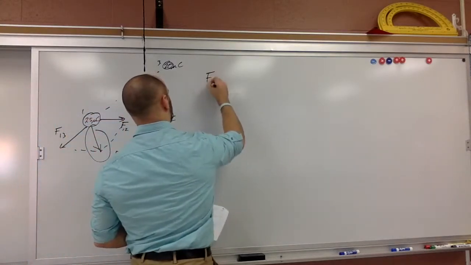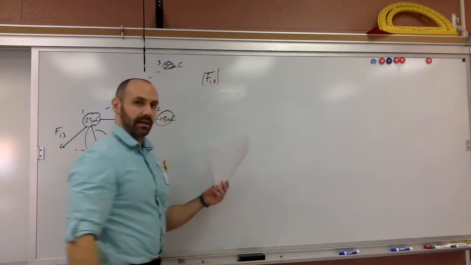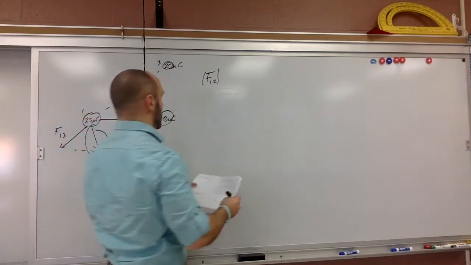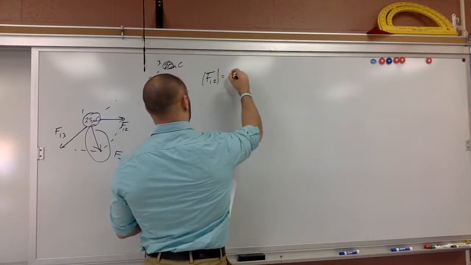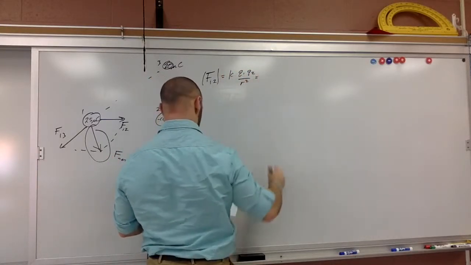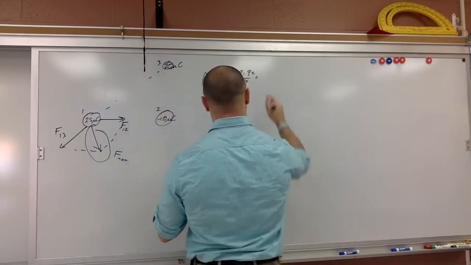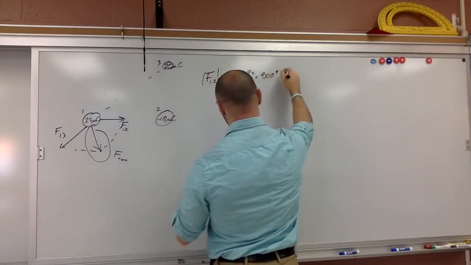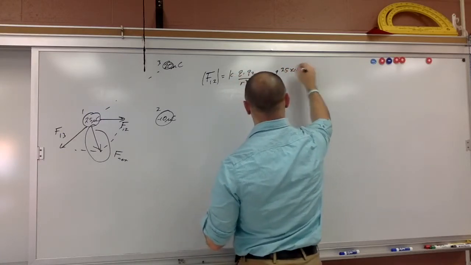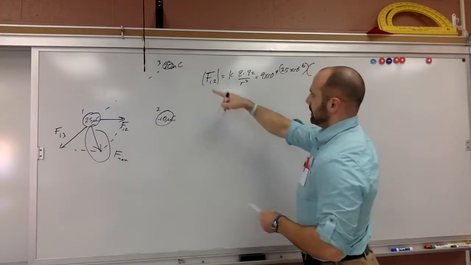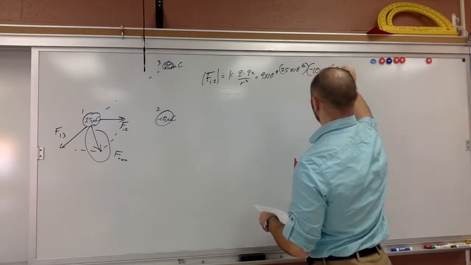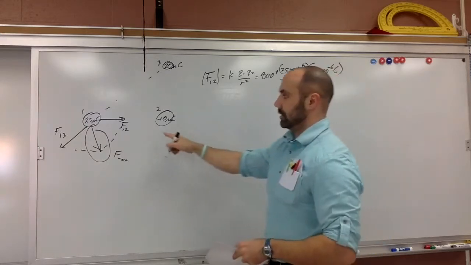So I'm going to look for the magnitudes. I'll do the magnitudes and then just do the directions separately after that by using trigonometry. So F1 on 2, we're just using k Q1 Q2 over r squared. And I plug in my numbers, 9 times 10 to the 9th, 25 times 10 to the negative 6 coulombs, and negative 10 times 10 to the negative 6 coulombs, over r squared, r is 2 meters.